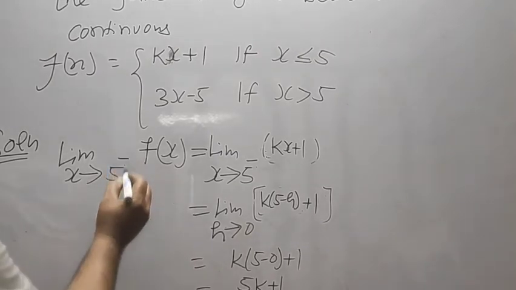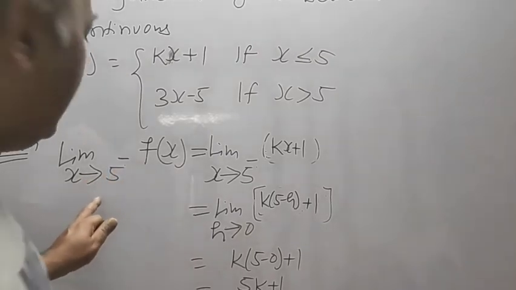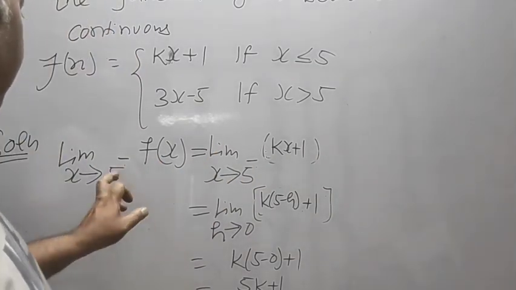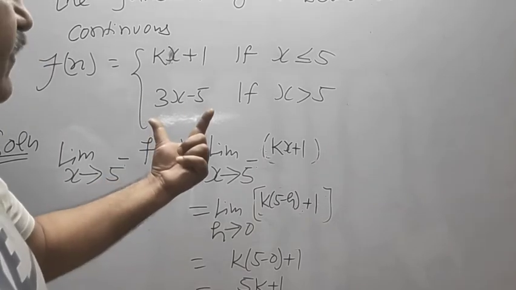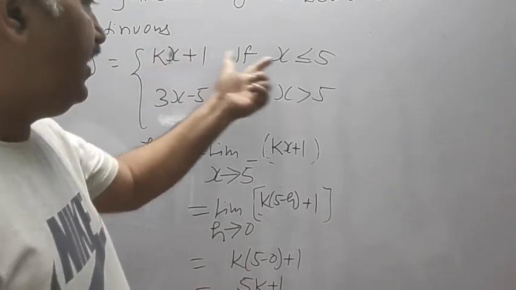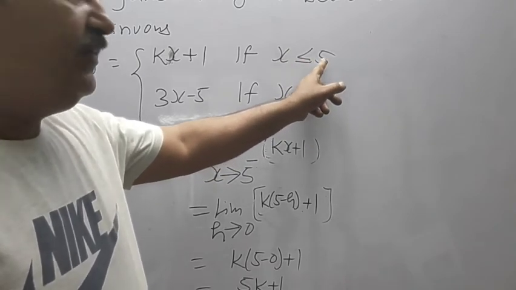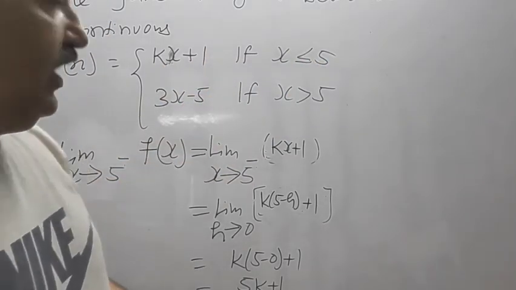Now let us discuss the left limit. Limit of x approaches to 5 minus f of x is equal to, 5 minus means less than 5, and value of the function for x less than 5 is kx plus 1.